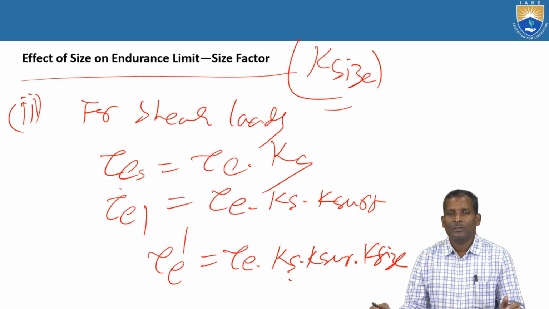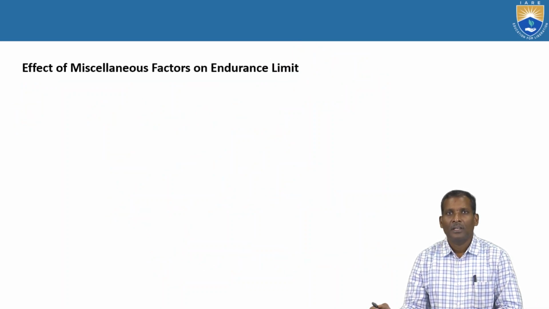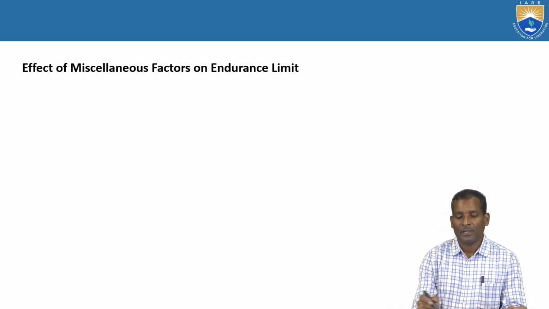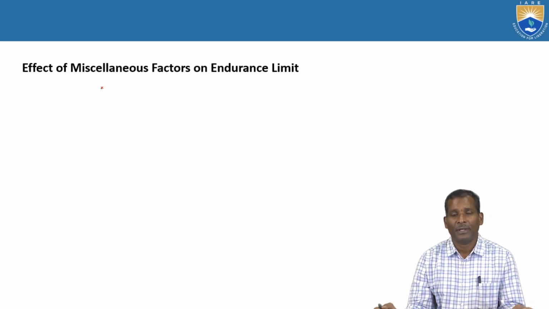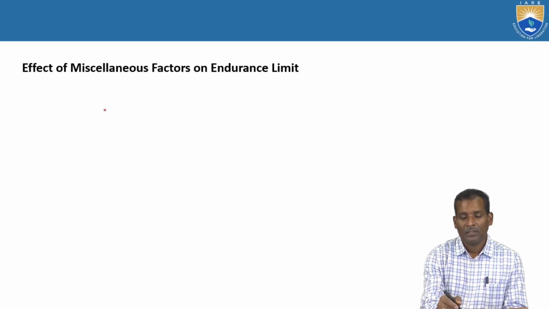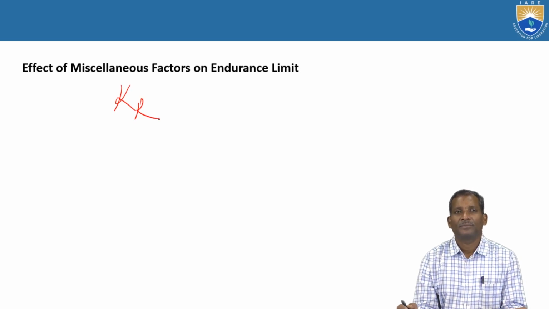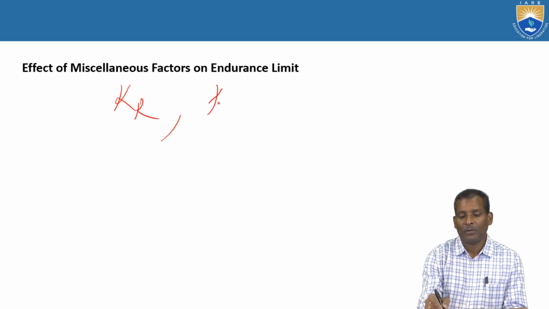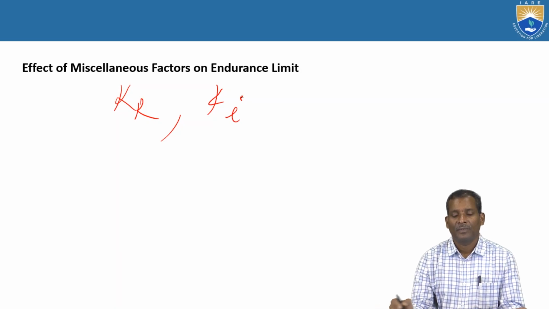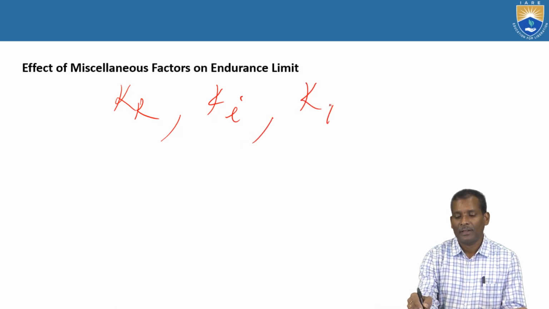So now other than these factors, the miscellaneous factors are also there. So what are they? Effect of miscellaneous factors on endurance limit. Other factors will also affect. Those other factors are the reliability factor, KR, the impact loading factor, KI, and the temperature factor, KT.